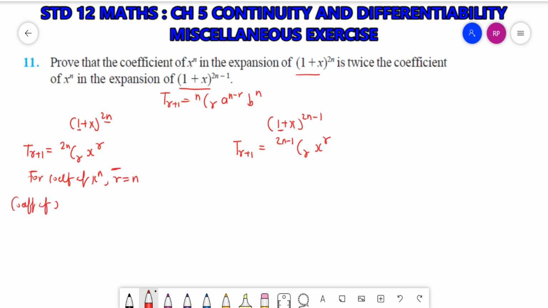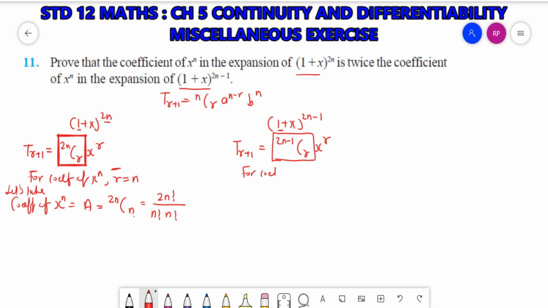Let's take the coefficient of x^n here as a. So this will be equal to 2n factorial upon n factorial and (2n - n) factorial. Here also, for the coefficient of x^n, r must be equal to n because this is the power.